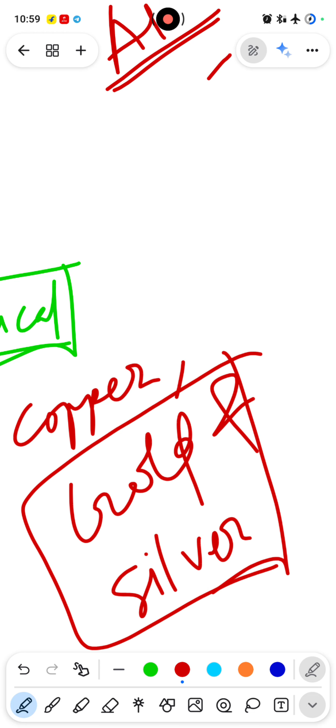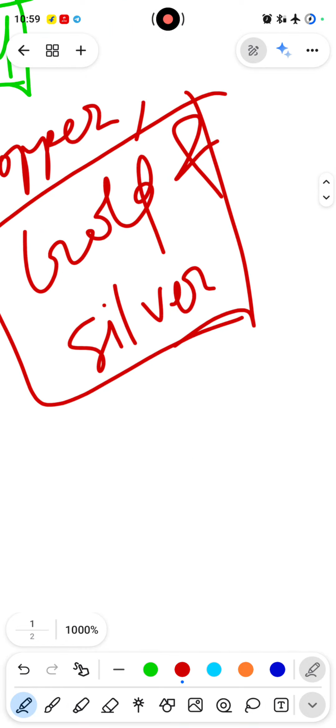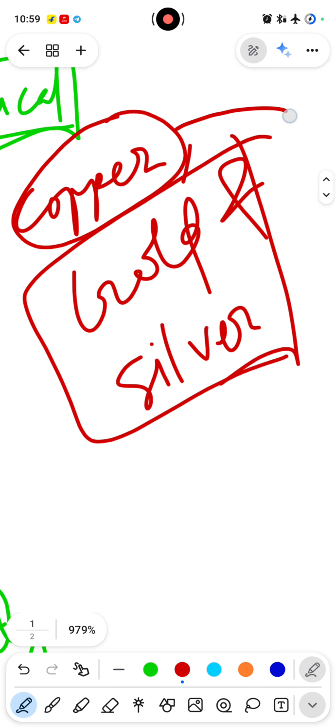For example, on top of sweets, and on top of fake jewelry also, that they are made up of copper, and a thin sheet of gold or silver is coated over it, and we think that that's gold. Even detectors can't feel that it's fake or real.